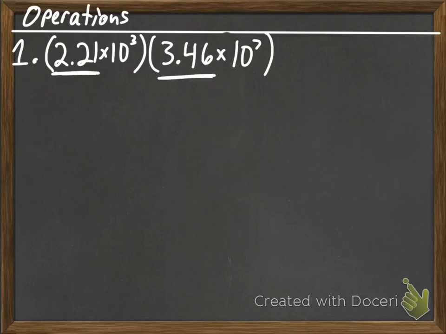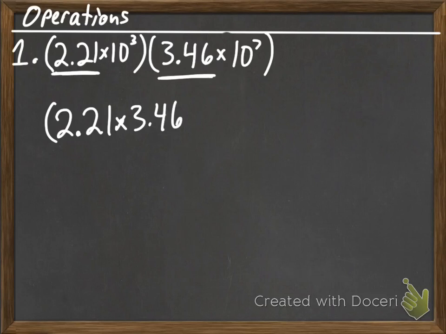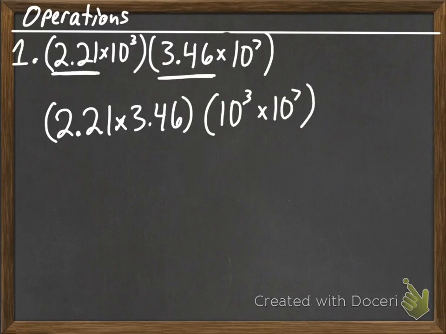And we're going to pull those out and separate them. So in one parenthesis, we're going to go 2.21 times 3.46. Then in the other bracket, we're going to do 10 to the third times 10 to the seventh.